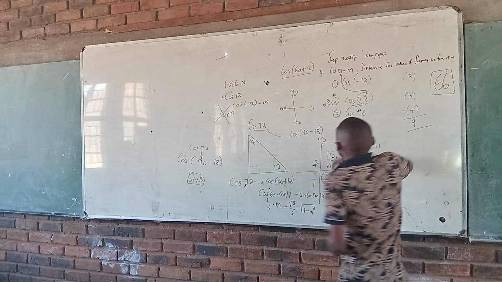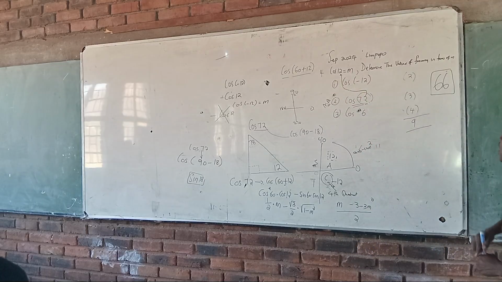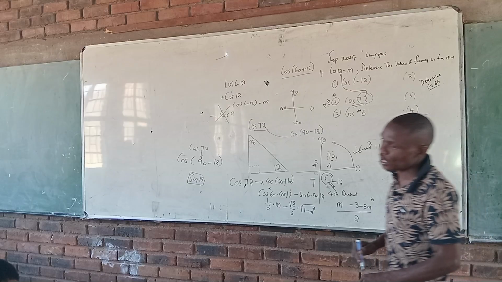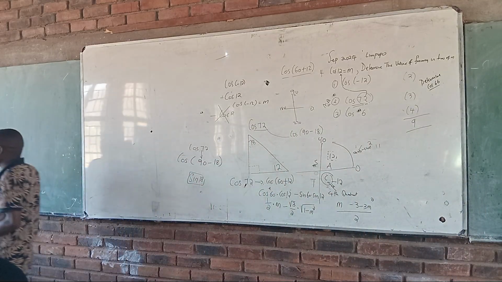Okay, if cos 12 is equal to m, determine cos 66. Please do this one. If cos 12 equals m, determine cos 66.